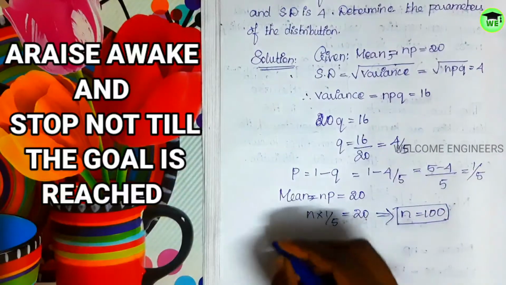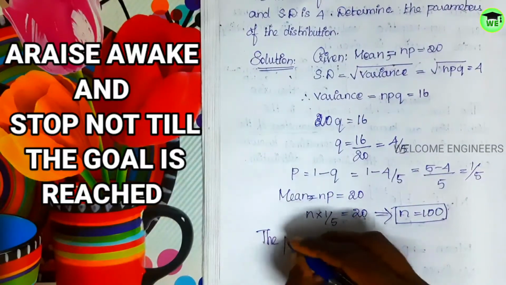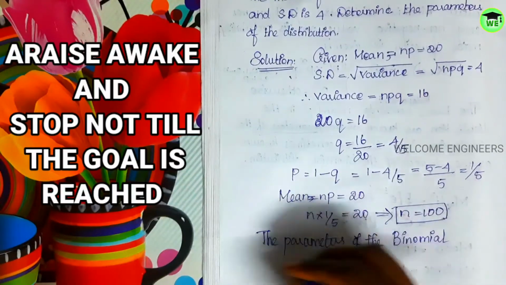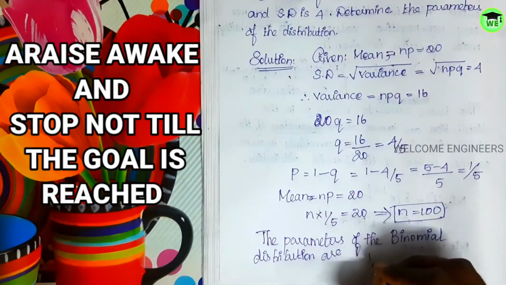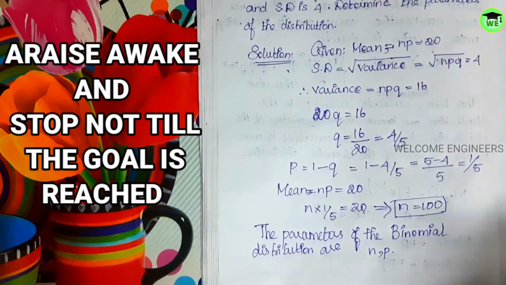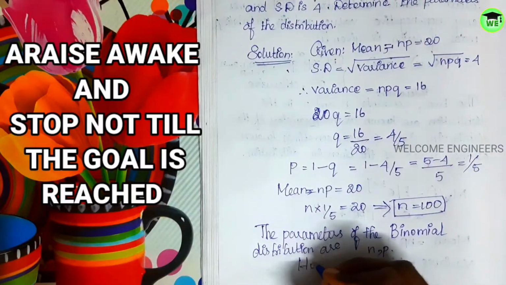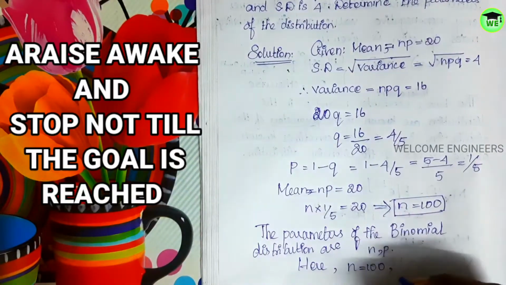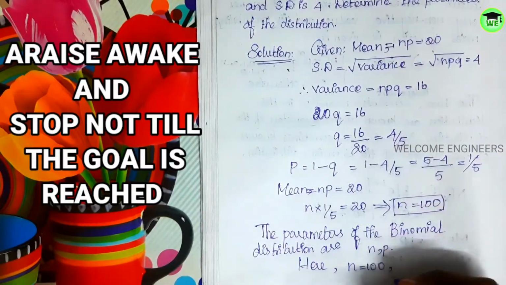Hence the parameters of the binomial distribution, n comma p: we obtain the n value is equal to 100 and the p value is equal to 1 by 5.